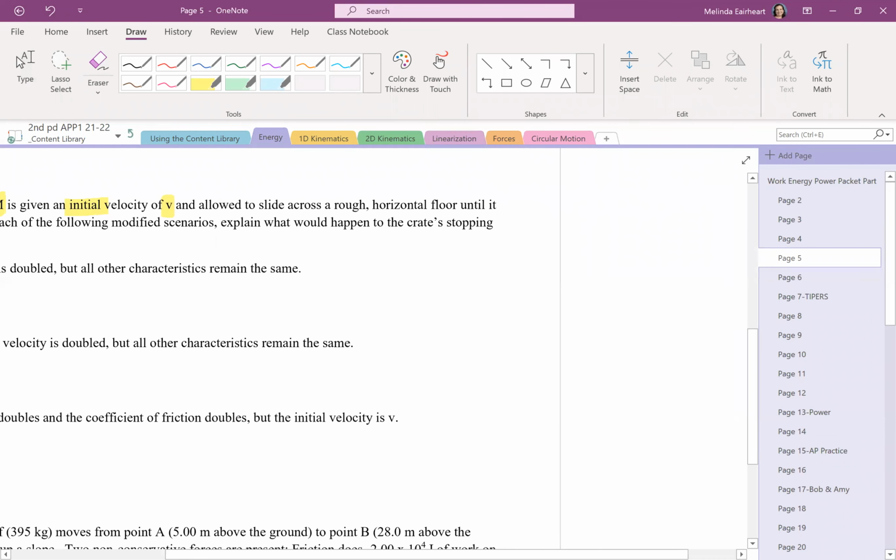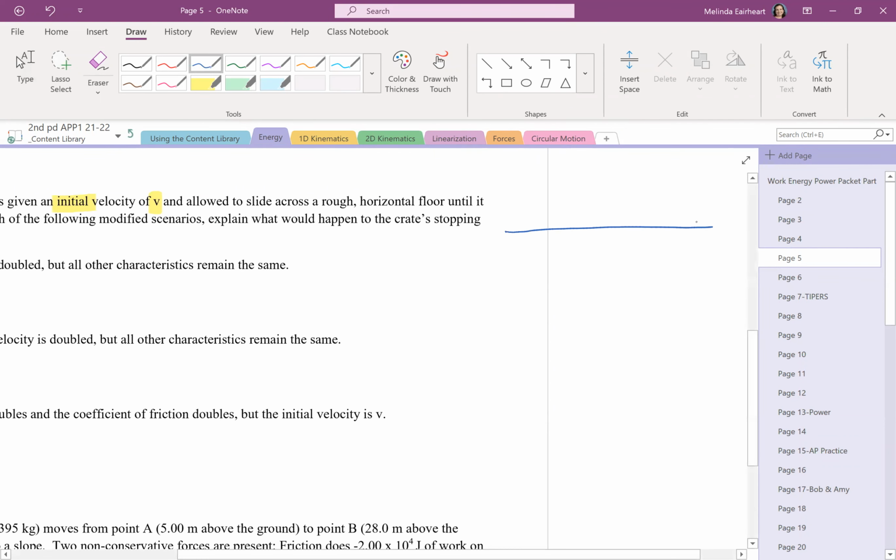So if you want to draw that picture out, maybe the box starts over here. It has a particular velocity, and it's going to slide over some kind of distance, not given yet. And our final position comes to a stop. And it's a rough surface.